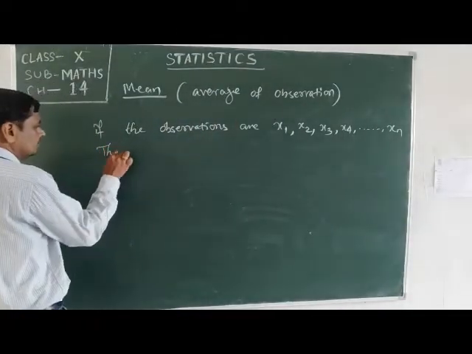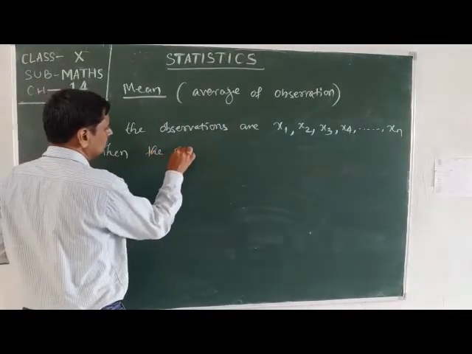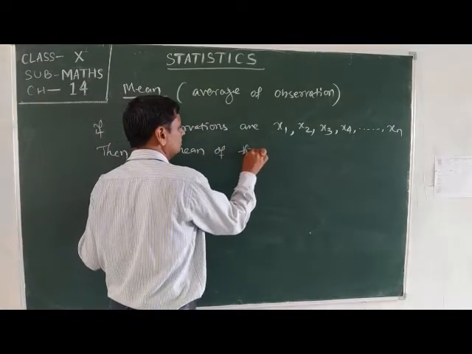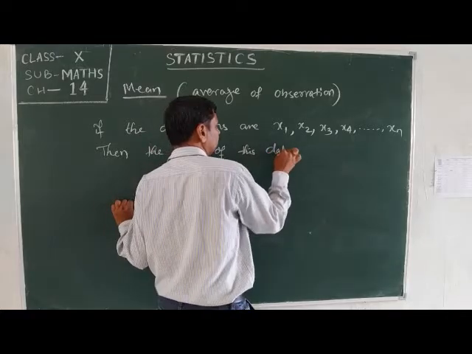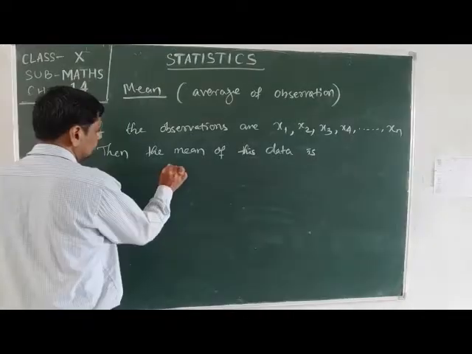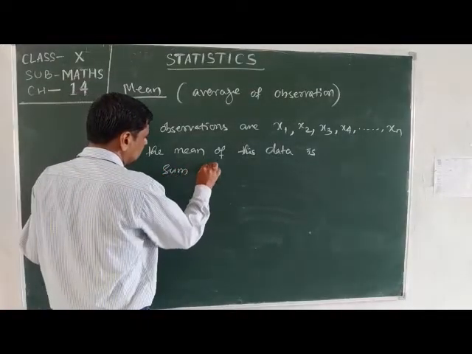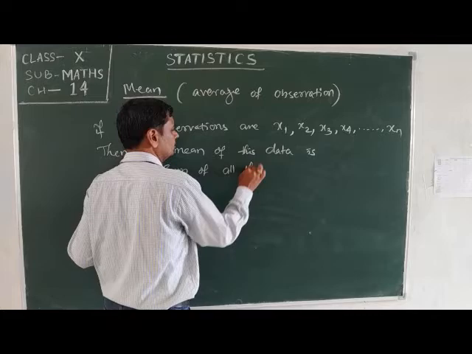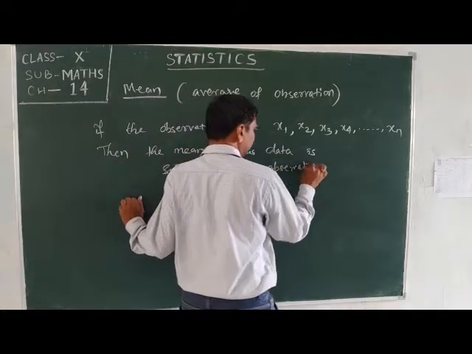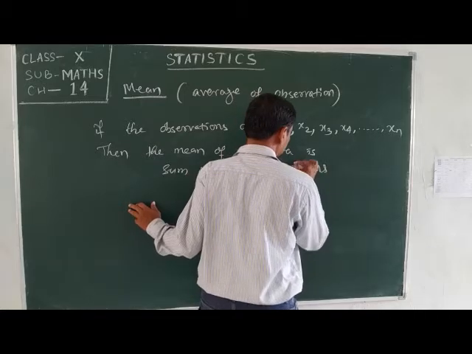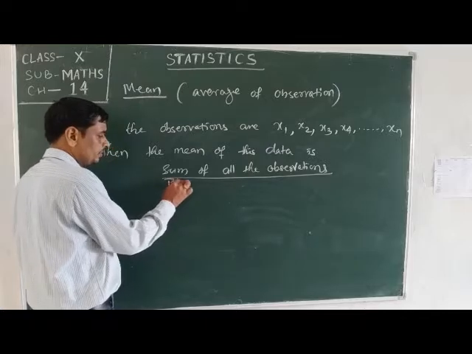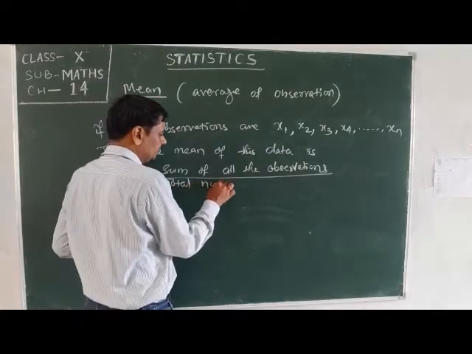Then the mean of this data is the sum of all the observations divided by the total number of observations.